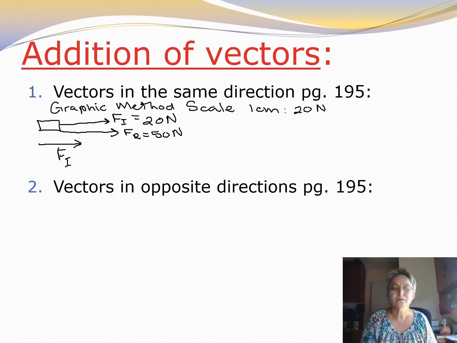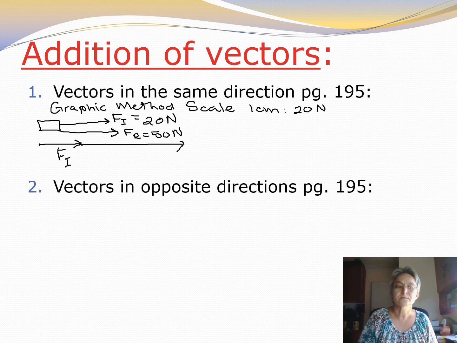Now we add the tail of Rafat's force to the head of Ibrahim's force. So that line will be 2.5 centimeters long. So 2.5. That brings me to 50 newtons.